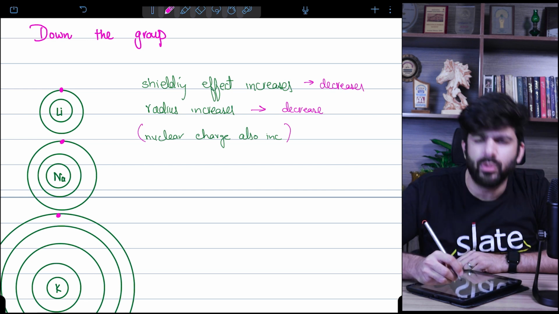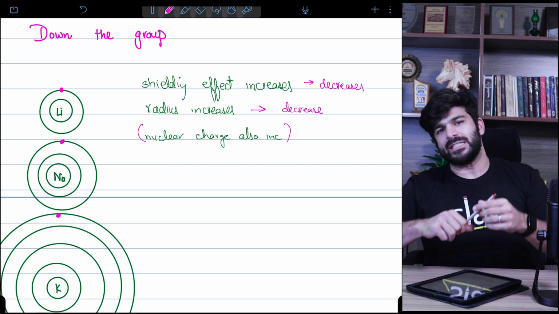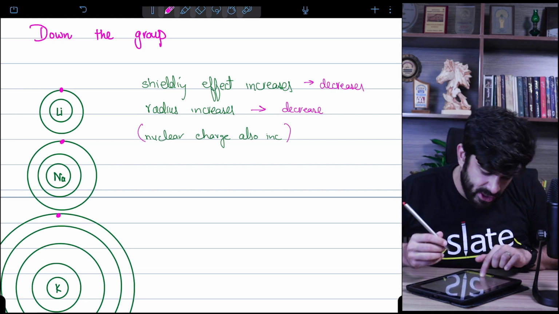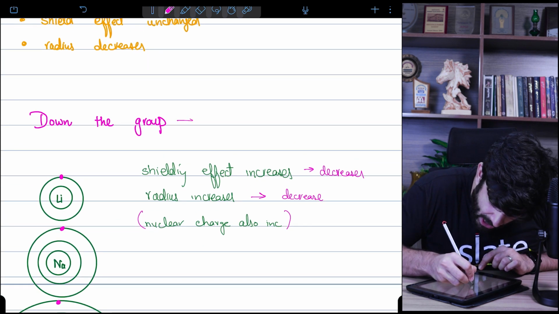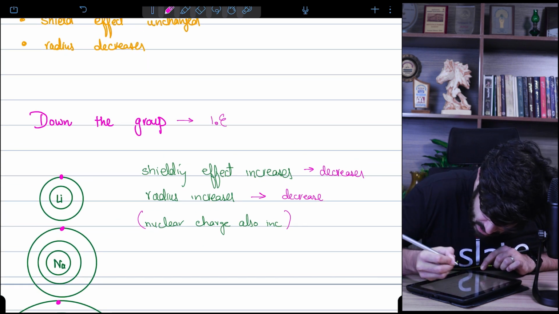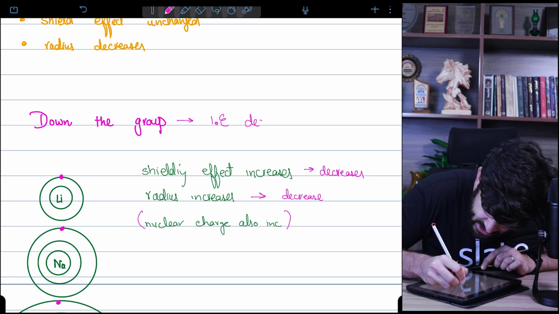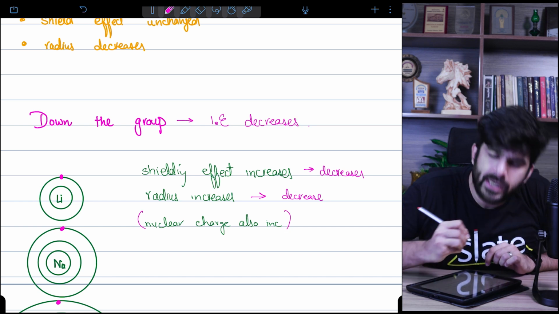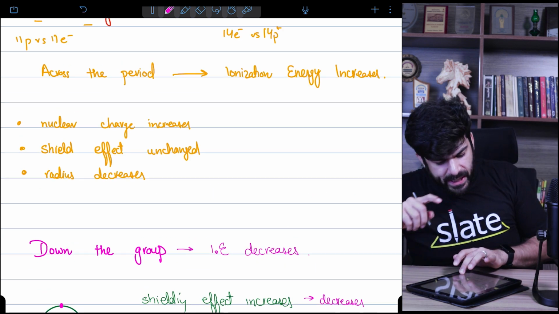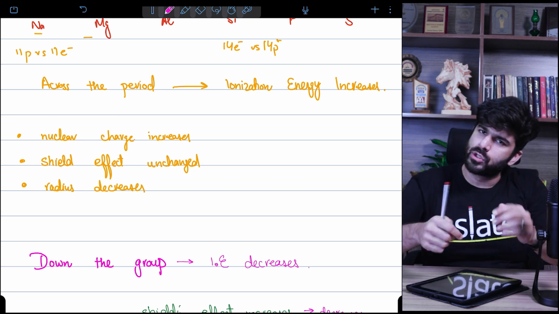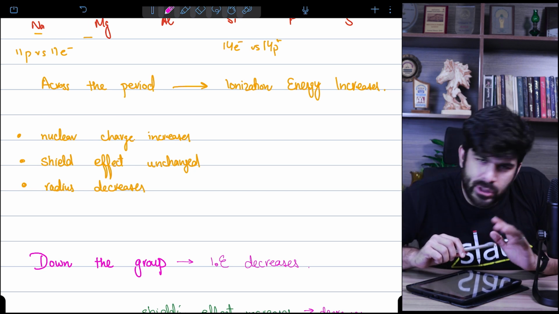We will not talk about atomic radius here because that goes against the explanation. But these are the trends. So down the group, the ionization energy decreases. Across the period, it increases. Down the group, it decreases.